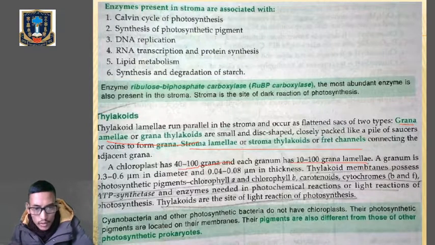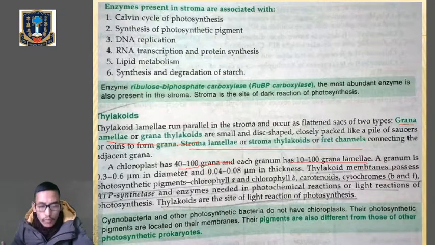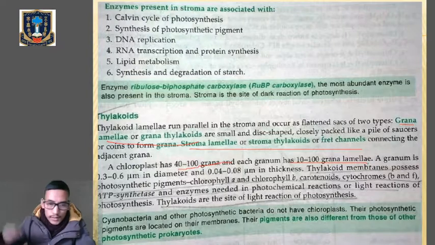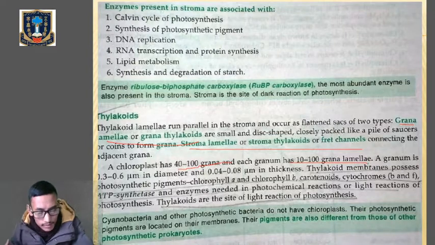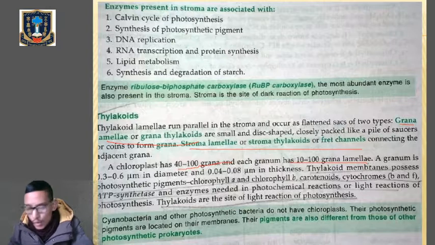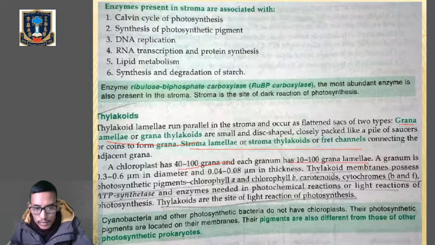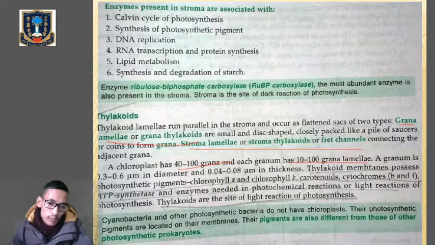Mainly the thylakoids are the sites for the light reaction of photosynthesis.